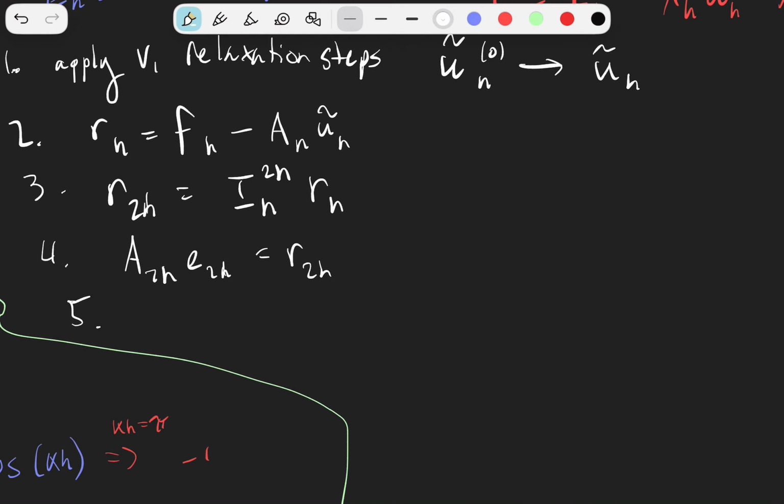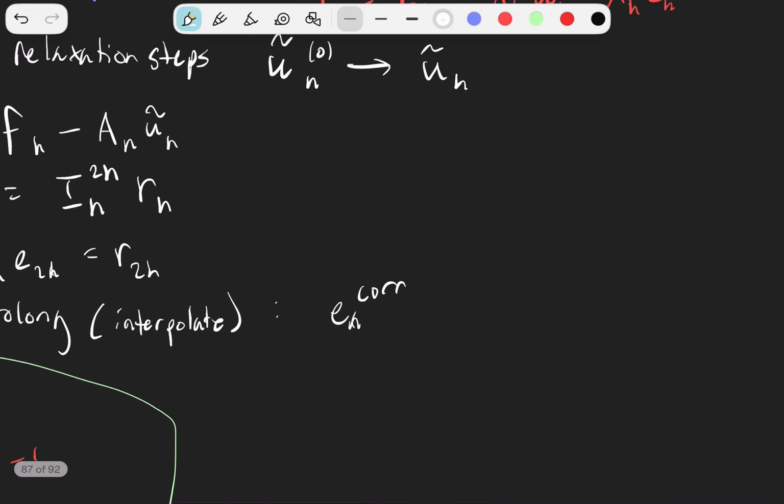Step 5, we can then prolong, but it's really just interpolate, if you will. You have two different data points, and what you can do is interpolate a correction, so let's say the error correction. It's not correlation; it's correction.